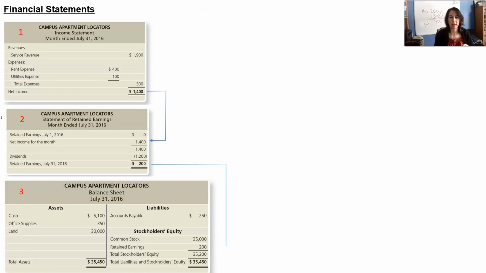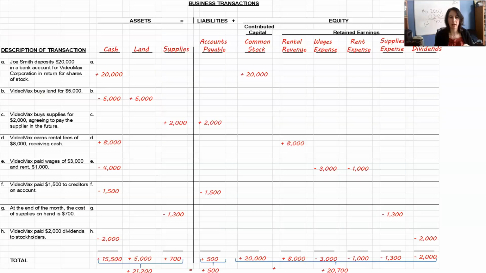Now let's look back for a second at Video Max's numbers. Back to the slide that was here. We're going to grab all the numbers across the bottom and plug them into the financial statements, because these are the transactions that we do during the month or year, and then we use those to produce financial statements.